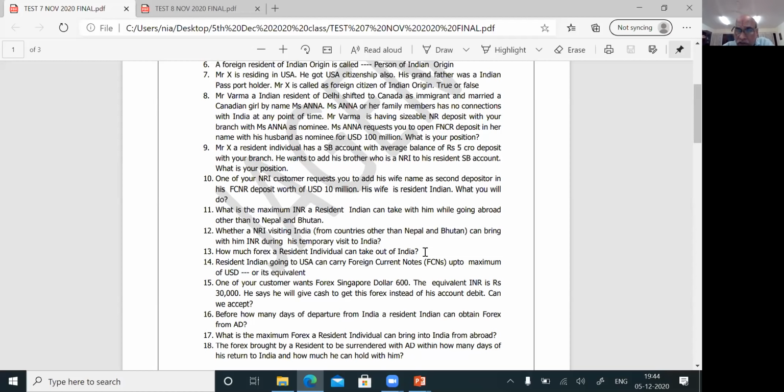This is how much maximum we can take. The maximum permitted is as per RBI permission. RBI has told us the purposes and how much money you can take. Under the Liberalized Remittance Scheme, LRS, as on today, a resident individual going out of India can take forex up to the LRS limit, that is 250,000 US dollars, as permitted by the Reserve Bank of India.